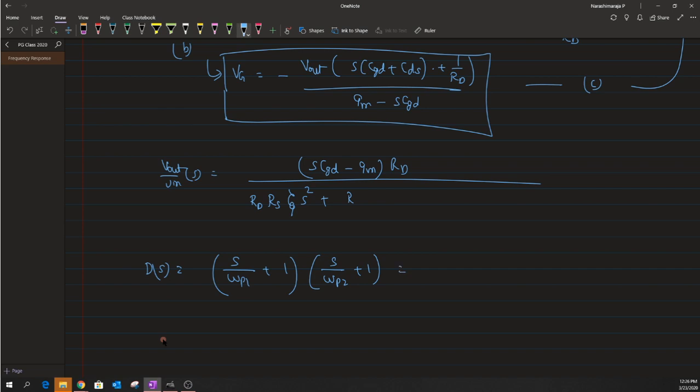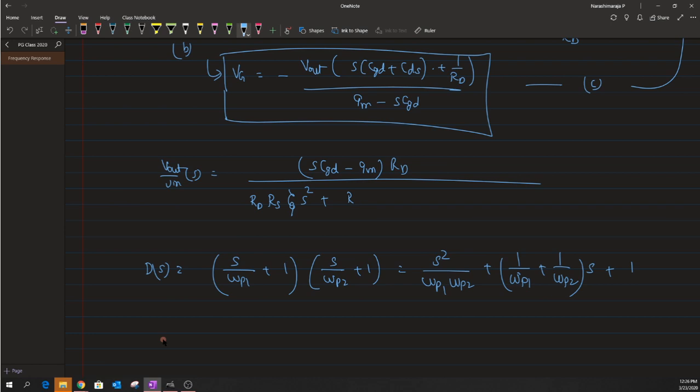And after doing this simple algebra, we would end up having something like s squared divided by omega p1 into omega p2. And then we have one more coefficient associated with an s term, okay? And then there is a 1.